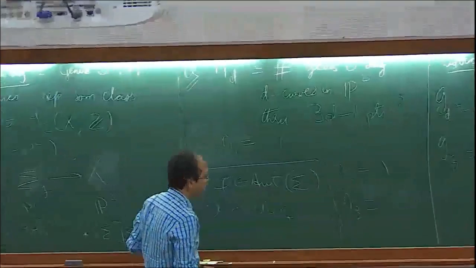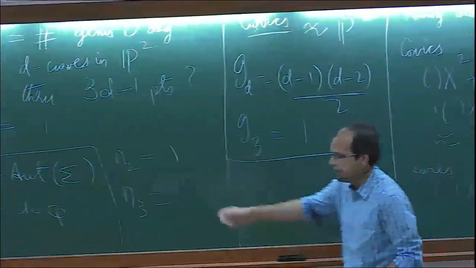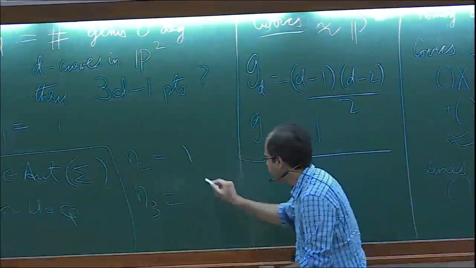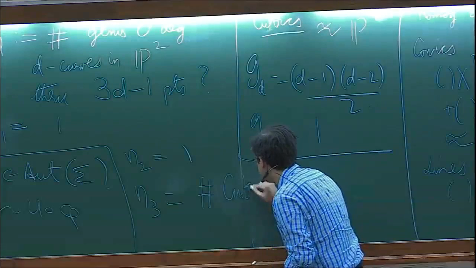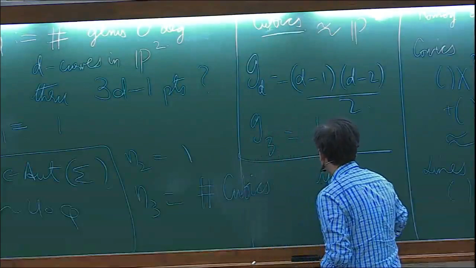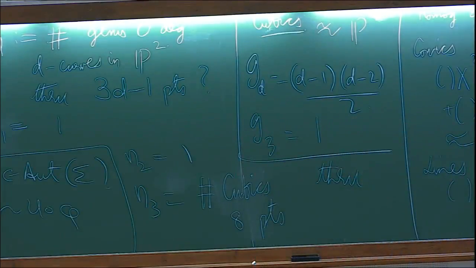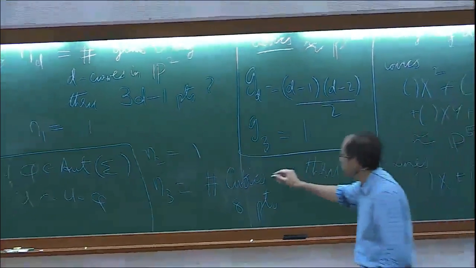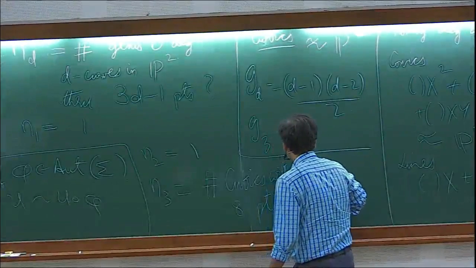So N3, if you were naive, you would say this is the number of cubics through 8 points. That is not correct. It is not the number of cubics, it is the number of cubics with a node.